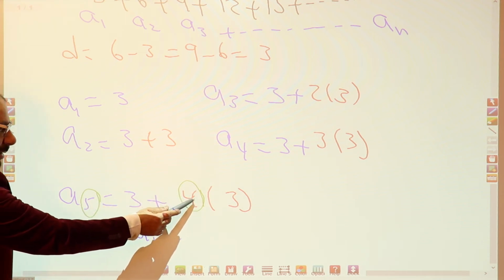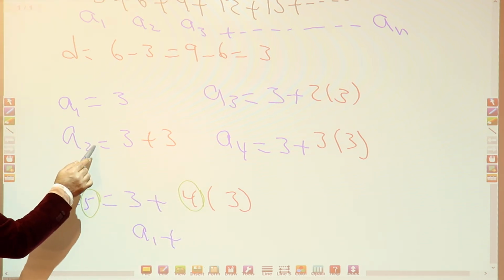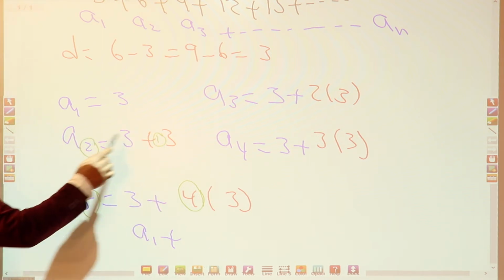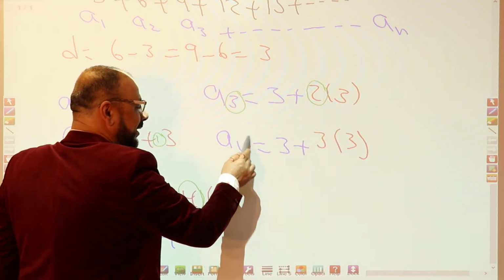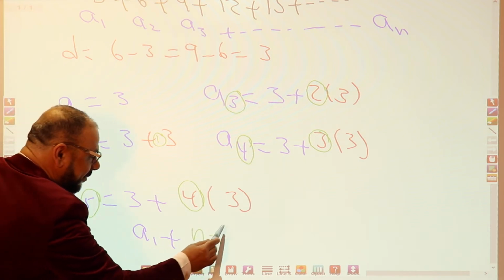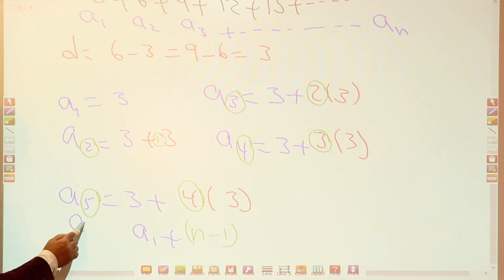This number is 1 less than that. Here we have 1, and here 2. Here 3, and here 2. Here 4 and 3. Then this one is n minus 1. If we have n here, what do we have here? n.